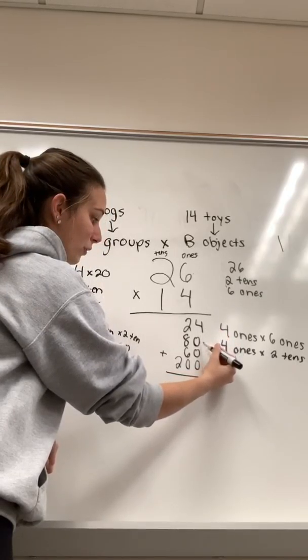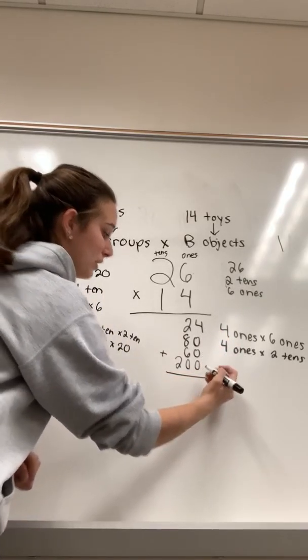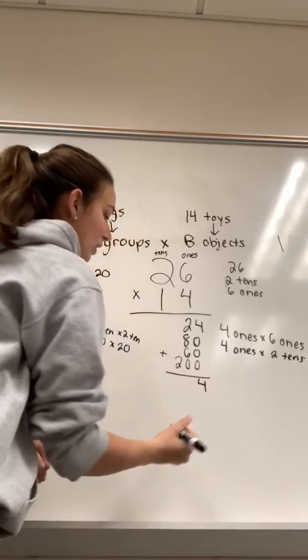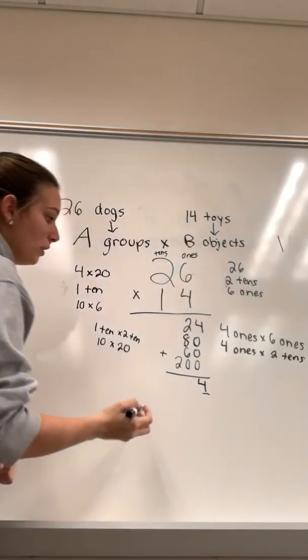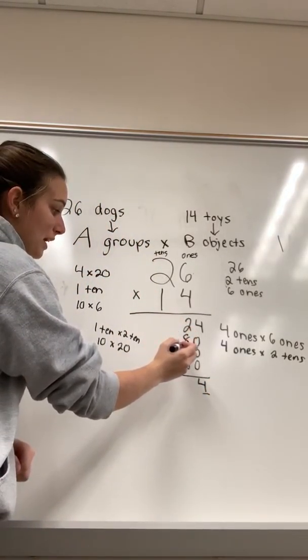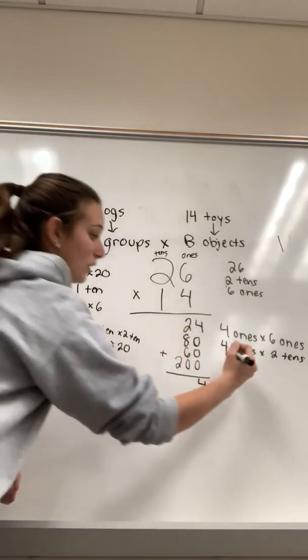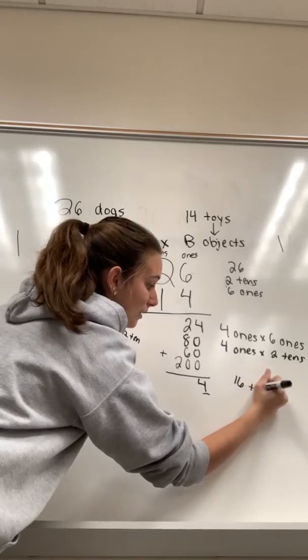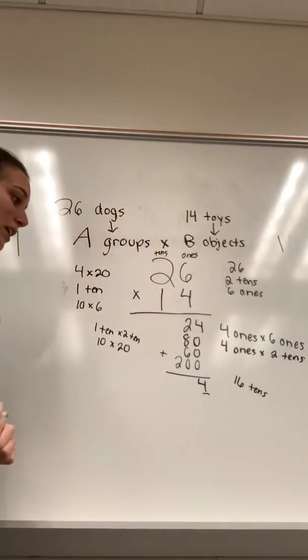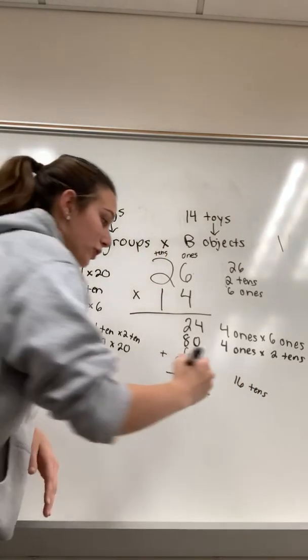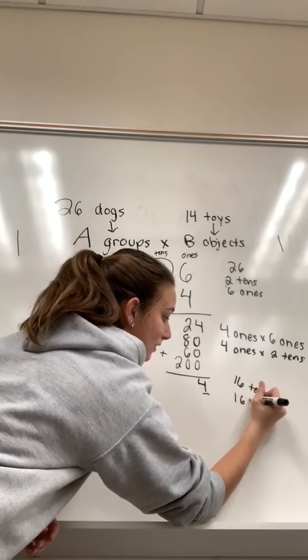4 ones plus 0 ones plus 0 ones plus 0 ones equals 4. So the 4 is in the ones place value. 2 tens plus 8 tens equals 10 tens, plus 6 more tens equals 16 tens. So what we do for this, 16 tens is also equal to 160.